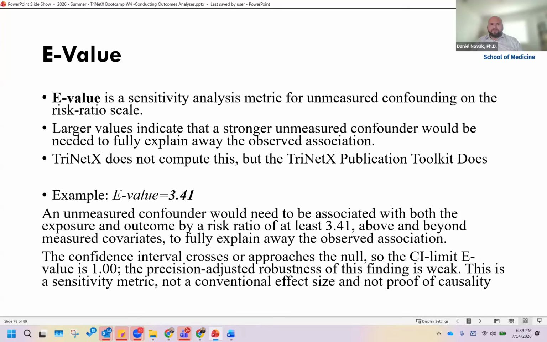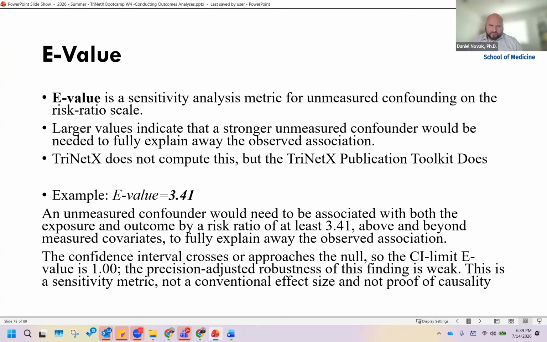So just as an example, if your E-value is computed to be 3.41 based on your analysis, it means that you would need to find some unaccounted for variable that is greater than 3.41 times the impact of your study to undo your finding, right? To explain away the observed association.